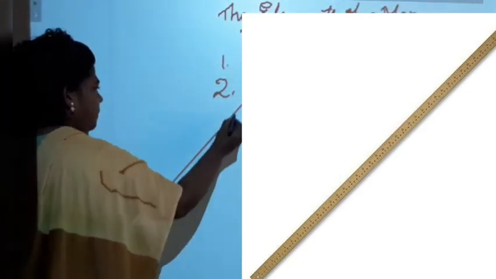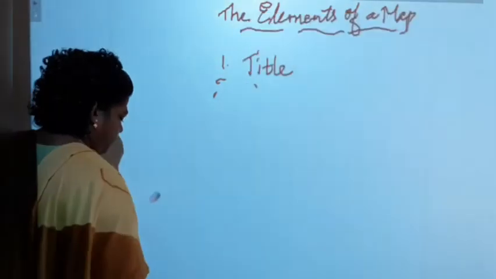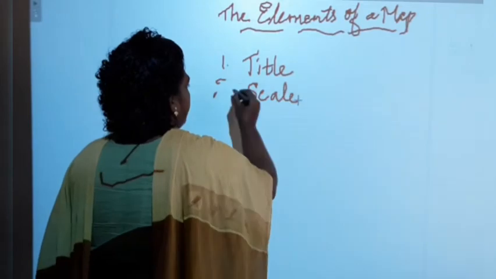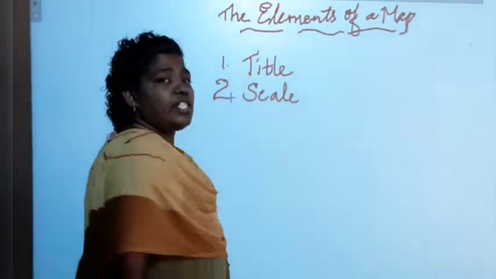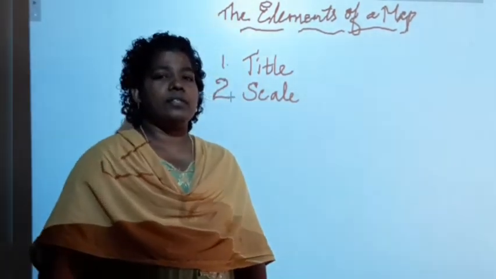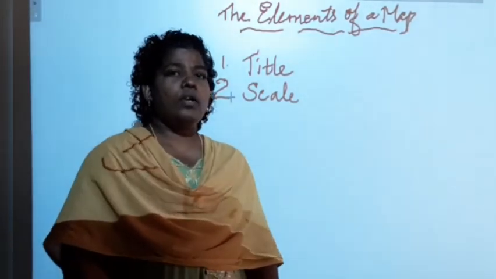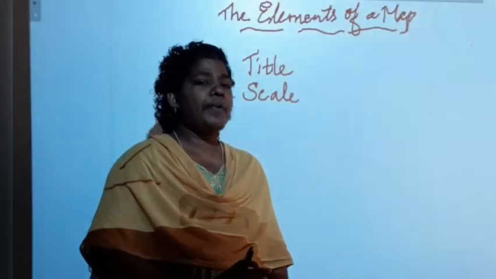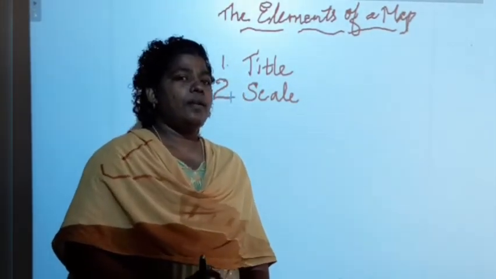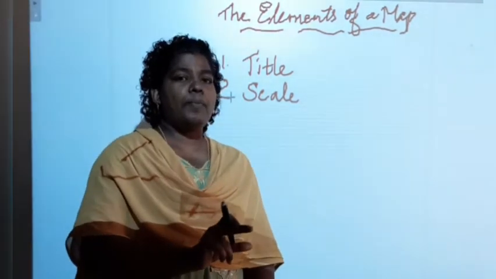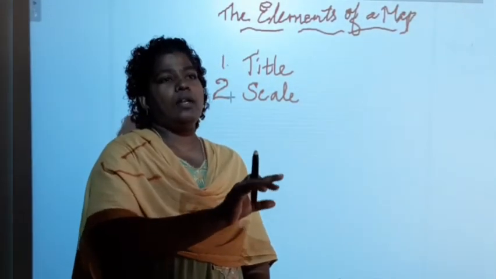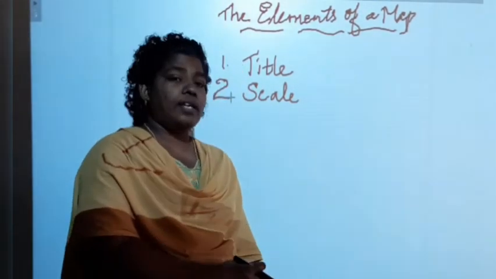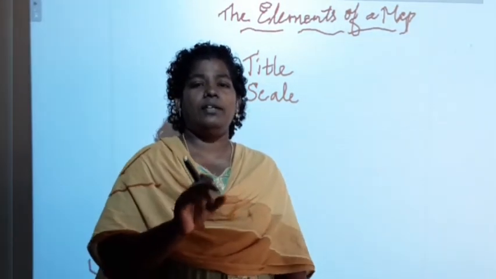Scale is a ratio between 2 places. For example, if you want to measure 2 places, we have to use scale. So the scale is the ratio between the 2 places on the map and also on the ground. In the previous lesson, you have learned large scale and small scale.